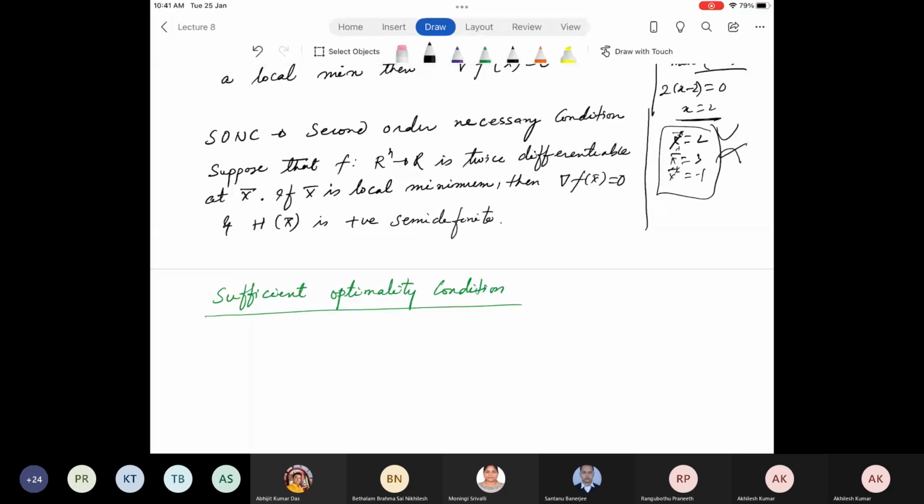You agree? But it could be possible that the first order necessary condition which you have found is not a local minimum. When is that case possible?